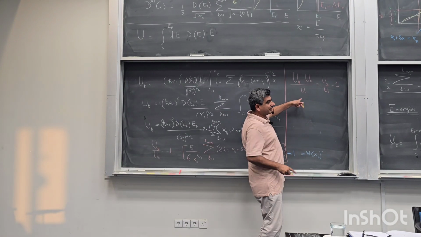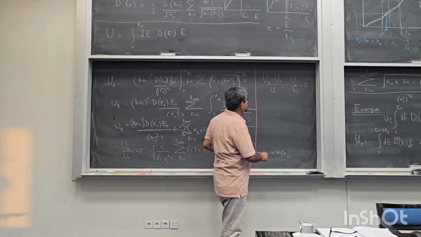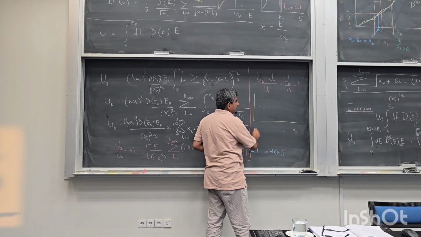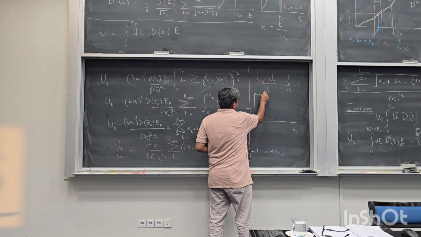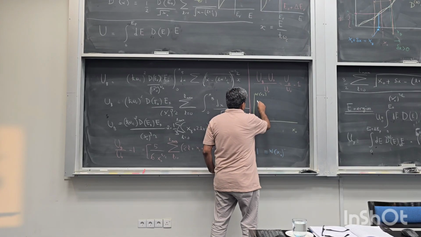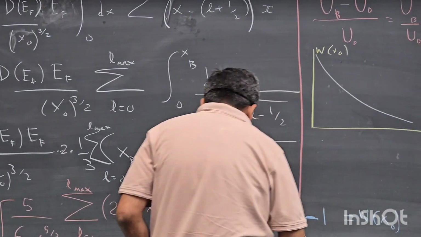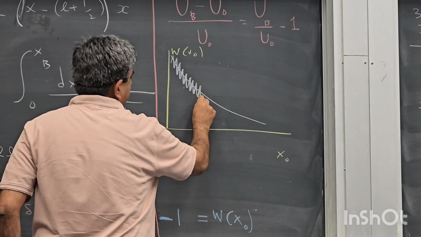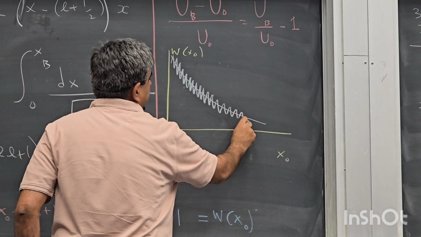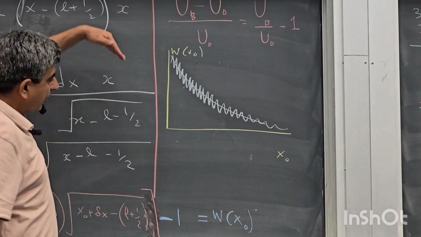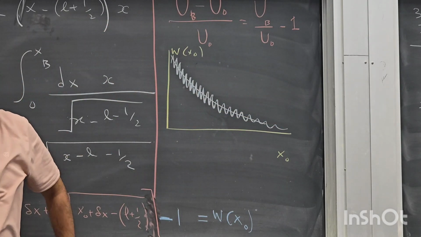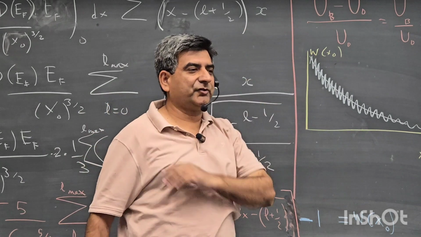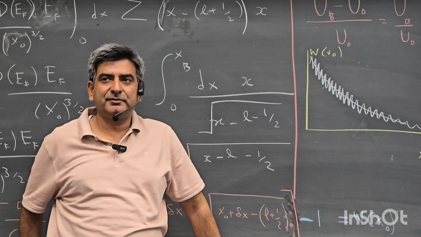So this is my Wx, Wx naught. We see that there are these oscillations riding on top of a decaying function. Now if you look at the average of these oscillations, forget about the oscillations for a minute.